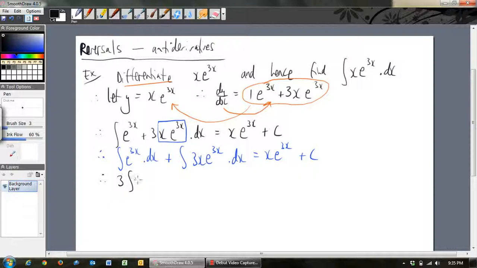The integral of 3x e to the 3x dx is equal to x e to the 3x, then we move this onto the other side, minus the integral of e to the 3x dx, plus c on the end there. So that remains x e to the 3x. And what is the integral of this here?